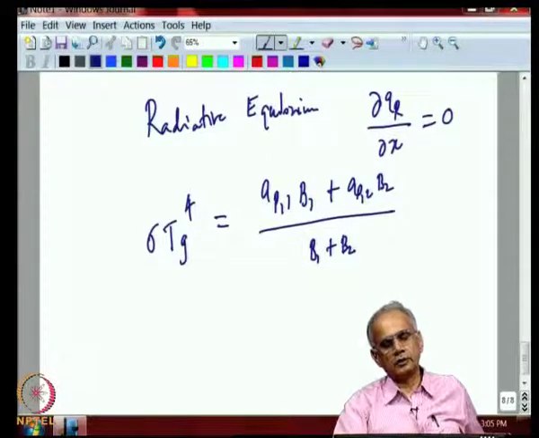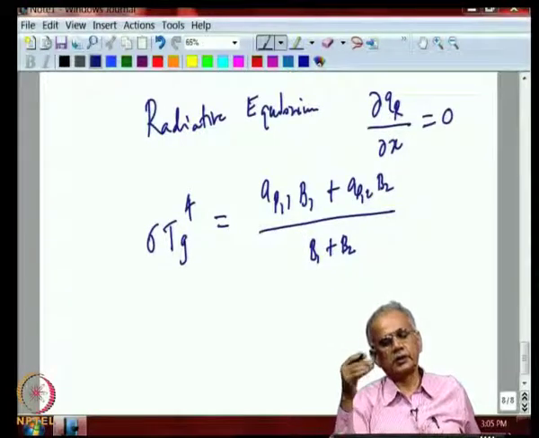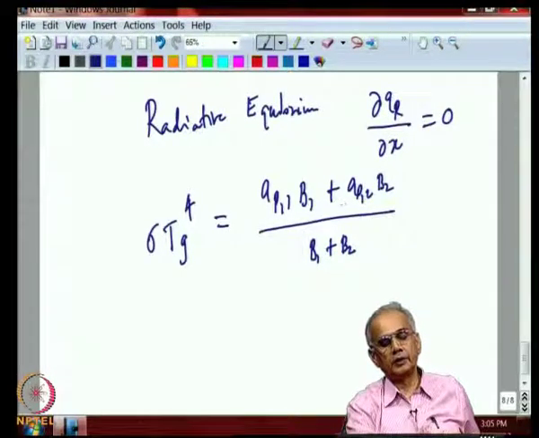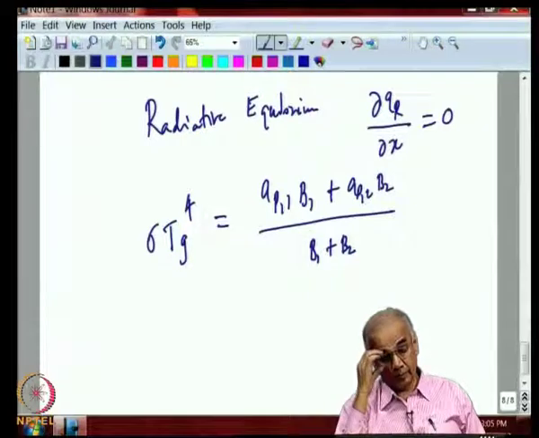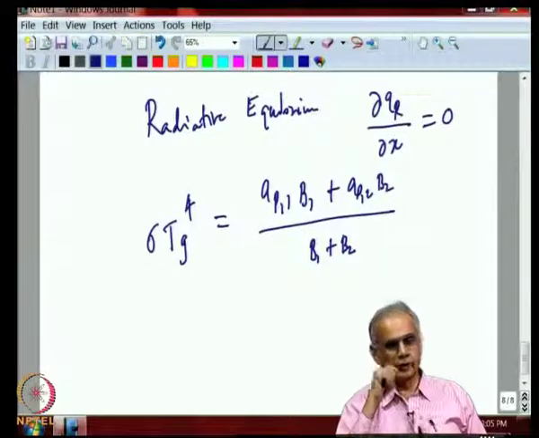So, all you have to do is, from tabular information available in most textbooks in radiation, calculate the Planck mean absorption coefficient with surface 1 and surface 2, multiply them by the corresponding radiosity values, calculate the numerator, and divide in the denominator by the corresponding Planck mean radiation values.